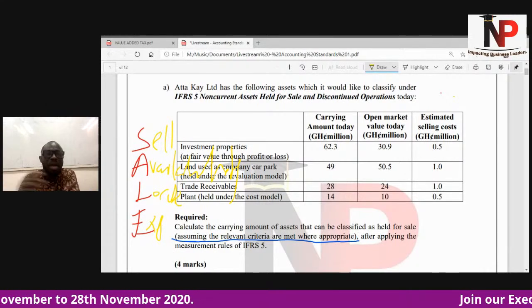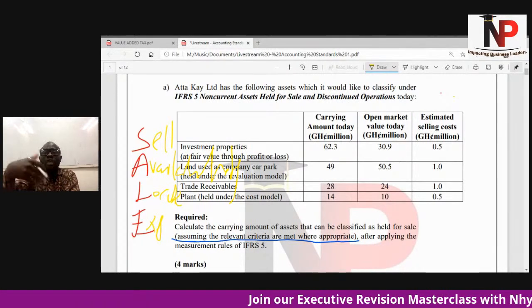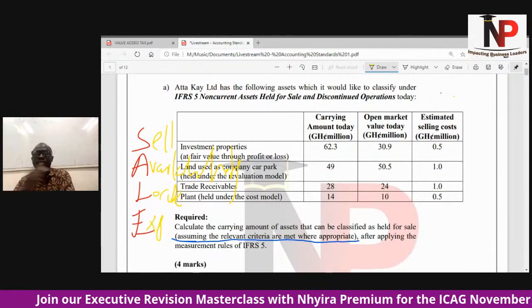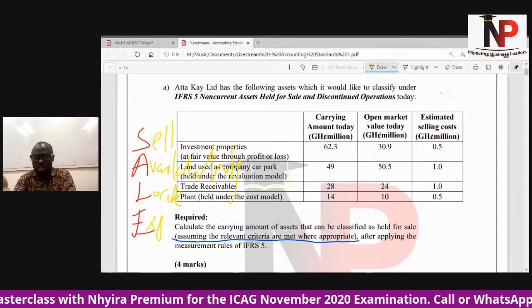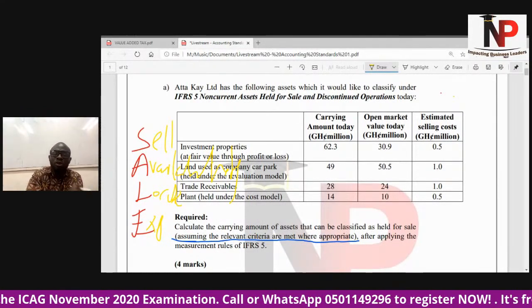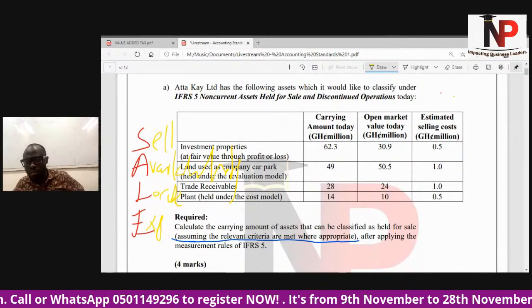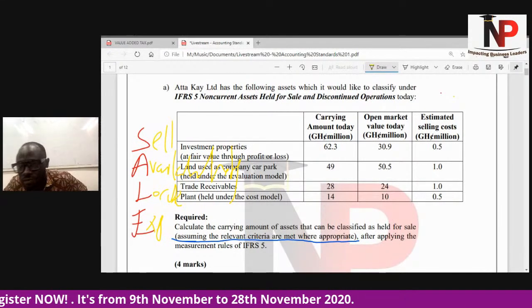If there is any impairment in the assets after the initial recognition, that impairment will also be recognized in the P&L account. Why? Because now it is seen as an inventory and has to always be carried at the lower of cost or net realizable value. So that is what you need to understand about IFRS 5, non-current assets held for sale and discontinued operations.